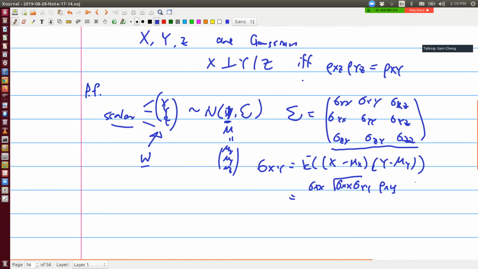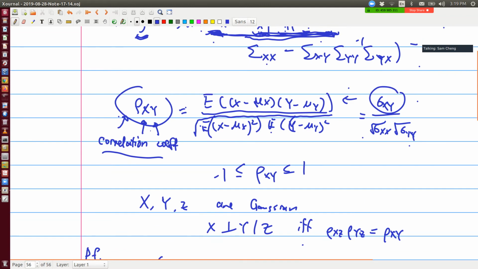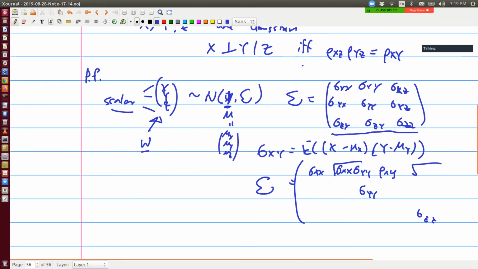So the big sigma can be written with the diagonal as sigma xx, sigma yy, sigma zz, and the off-diagonal sigma xy becomes the square root of sigma xx sigma yy times rho xy, substituting rho xy from above. Similarly, sigma xz is the square root of sigma xx sigma zz times rho xz.